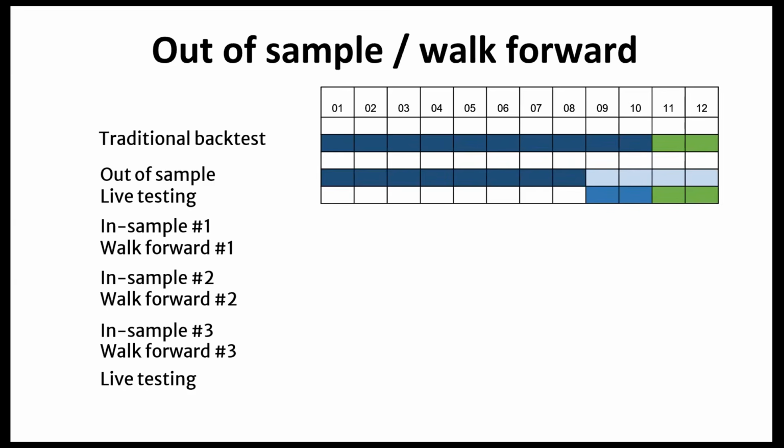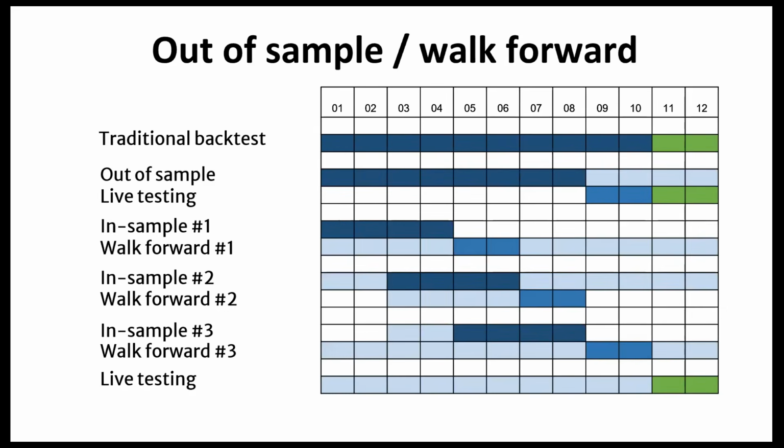That is certainly a more reliable approach than just a simple in-sample backtest. But a common pitfall is testing and retesting on the same out-of-sample data, effectively turning that out-of-sample data into in-sample data. So a better approach is what's known as walk-forward testing.